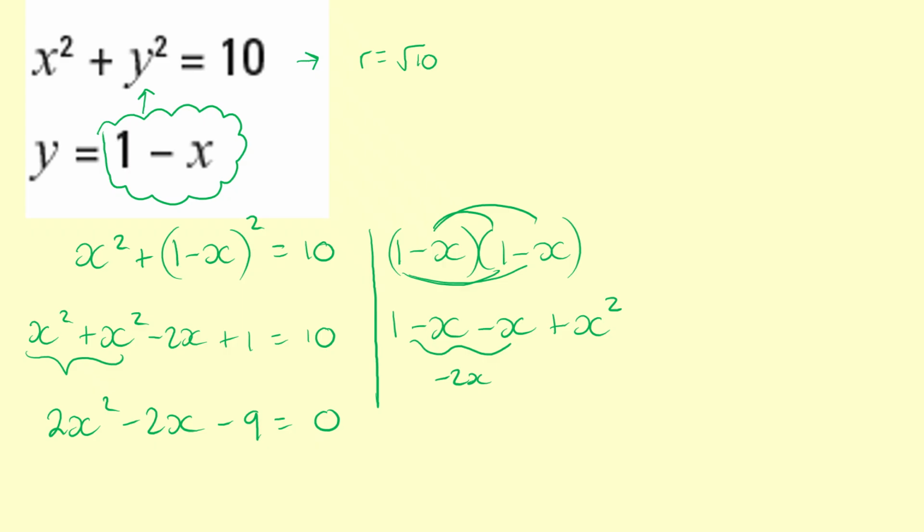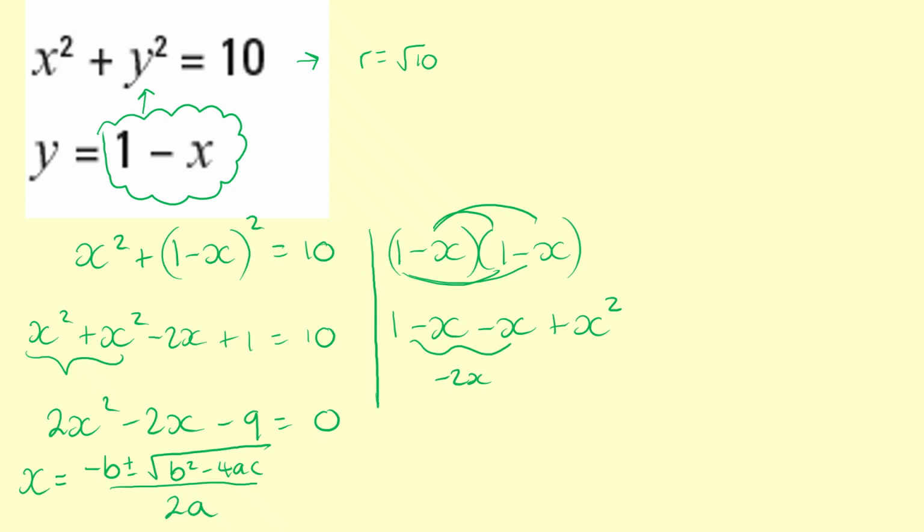So for this one, we're going to use our quadratic formula. That's going to be minus b plus or minus the square root of b squared minus 4ac all over 2a.